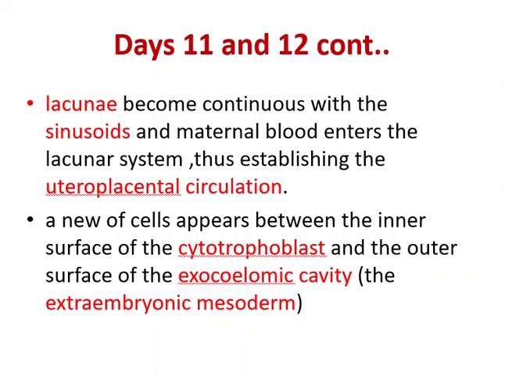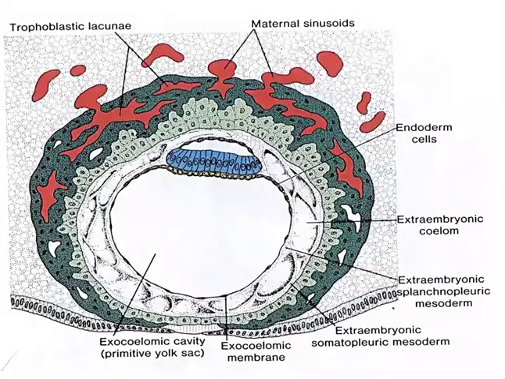Also, new cells appear between the inner surface of the cytotrophoblast and the outer surface of the exocoelomic membrane. This is called extraembryonic mesoderm. Here in this figure, we can see the sinusoids of the uterus eroded by syncytium and becoming continuous with the lacunae, with the lacunae here filled with maternal blood.